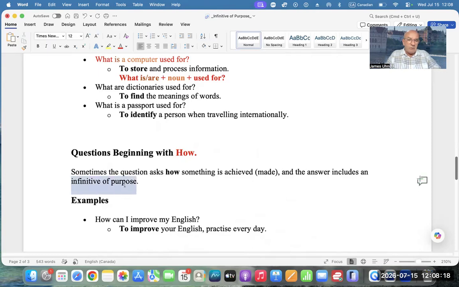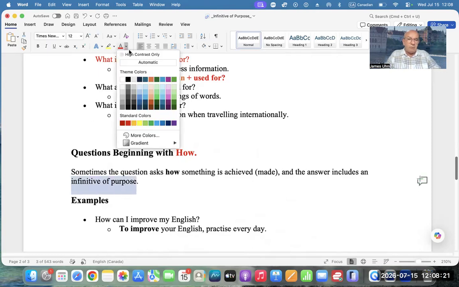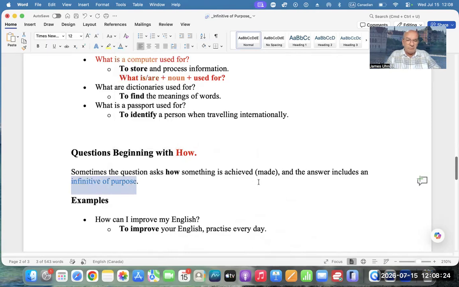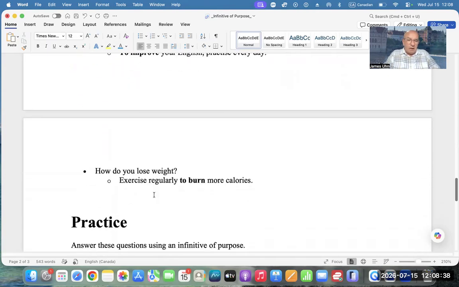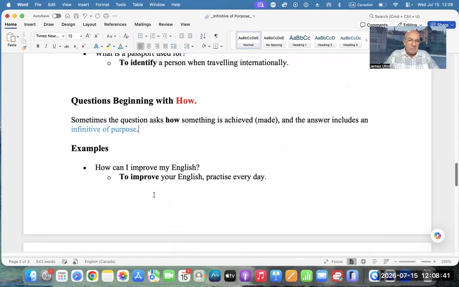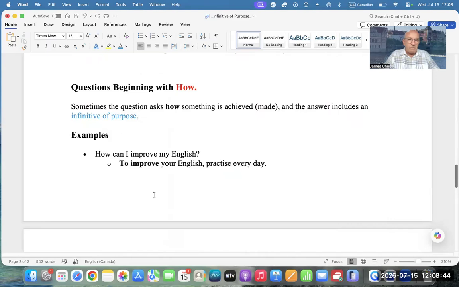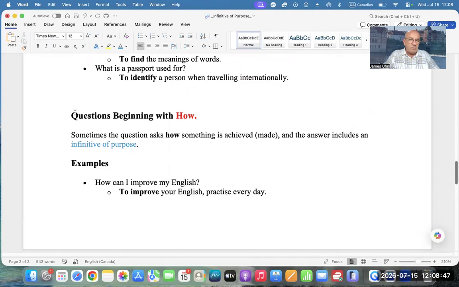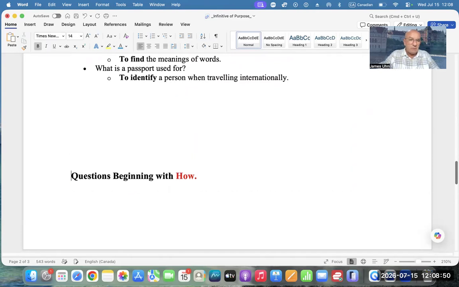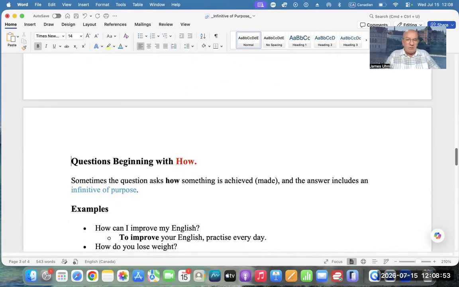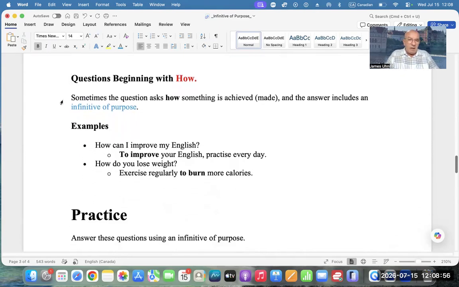So let me highlight it blue like all infinitive of purpose. Now, sometimes the question asks how something is achieved or made, and the answer includes an infinitive of purpose. Well, I think I will push it on the next page because it is a separate section.